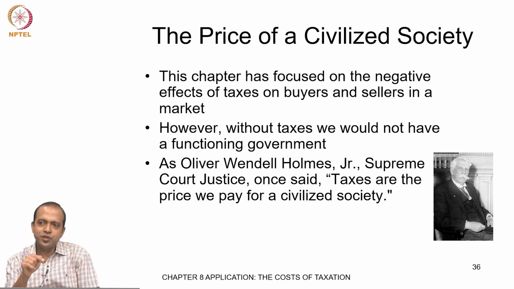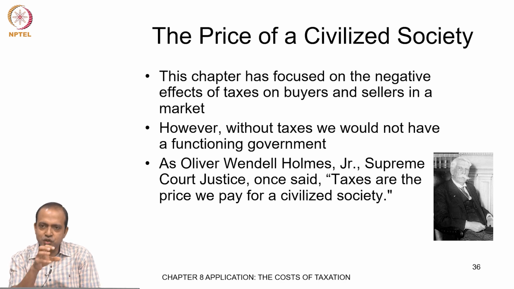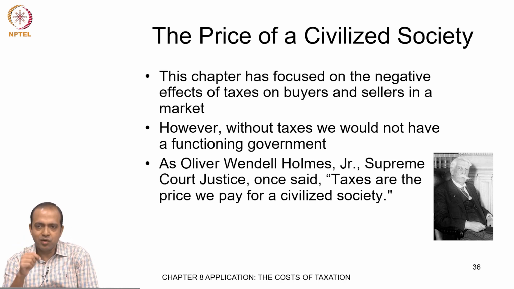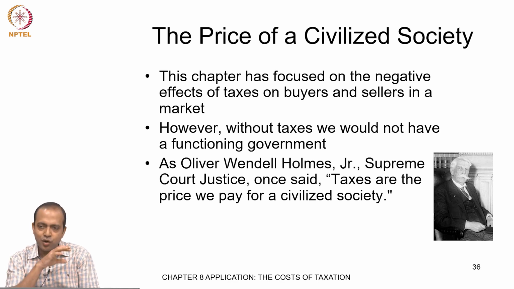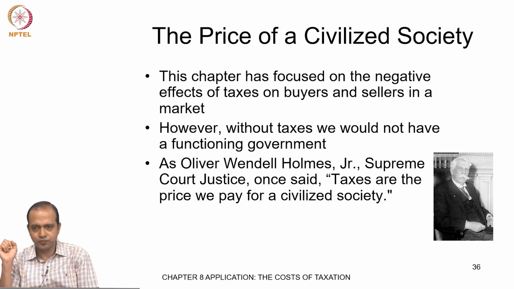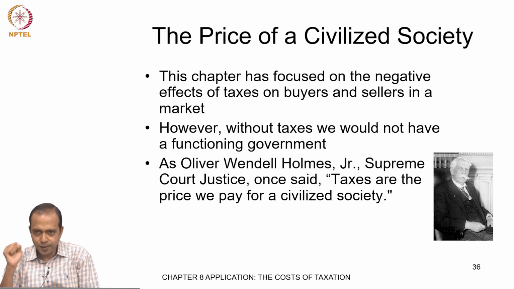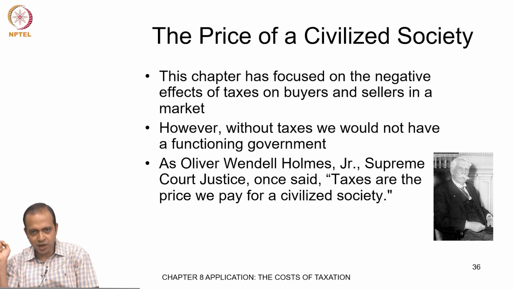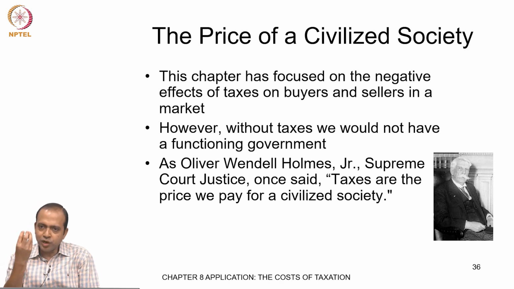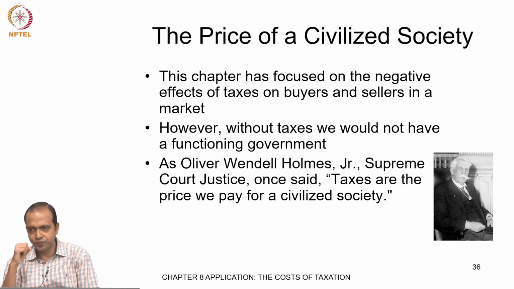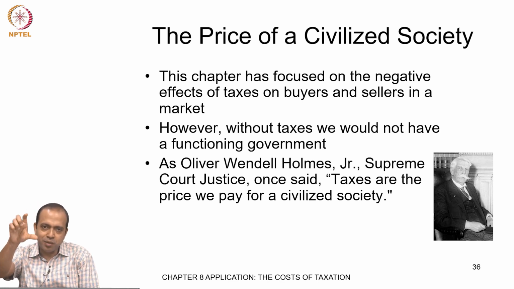Then we understood by comparing the situation that whether you impose tax on the buyer or on the seller, the outcome is going to be the same. What is the outcome? Buyers will pay more than what they were paying earlier. Sellers will receive less compared to what they were receiving earlier. And the difference between the price paid by the buyer and the price received by the seller is the tax amount.